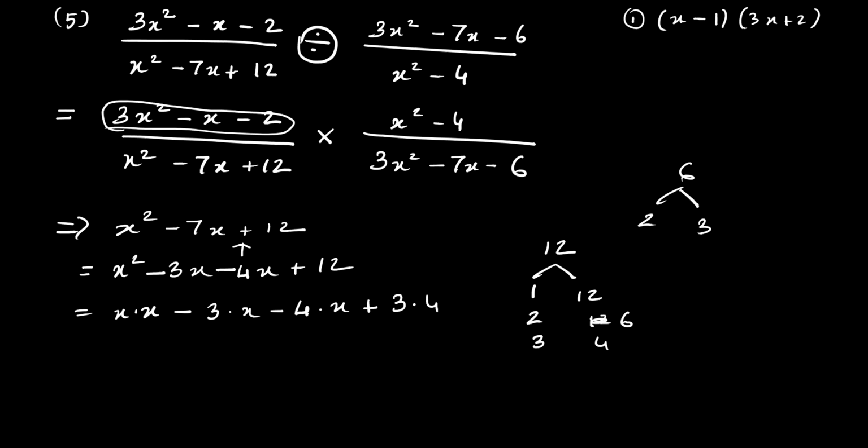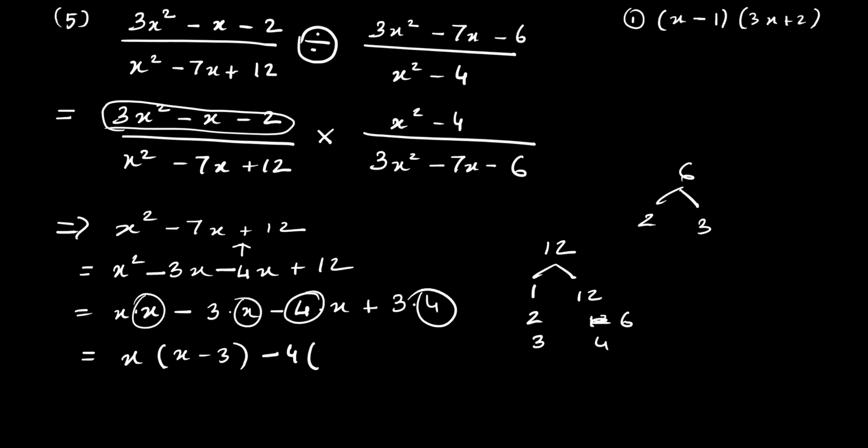What is common here? x. If x is common, what remains inside? x minus 3. What is common here? 4. Minus 4. So if minus 4 comes outside, inside it will be x plus 3 or x minus 3? When minus goes outside, the middle sign changes.